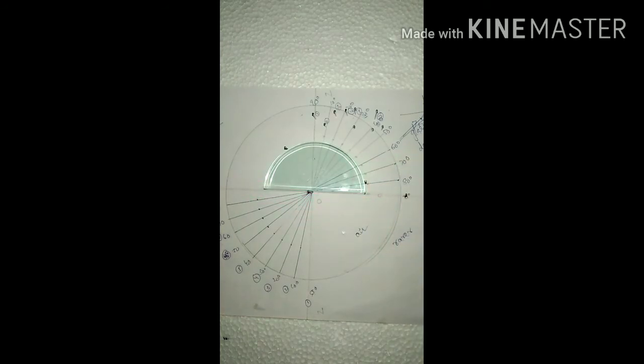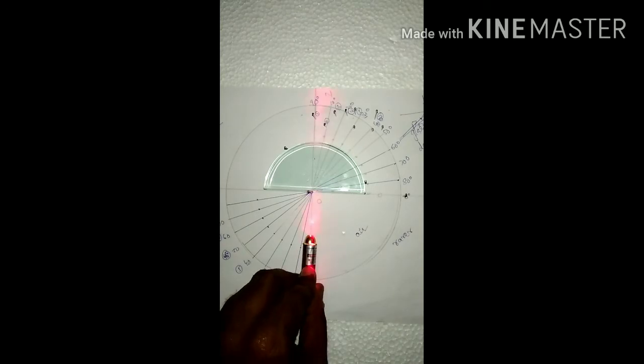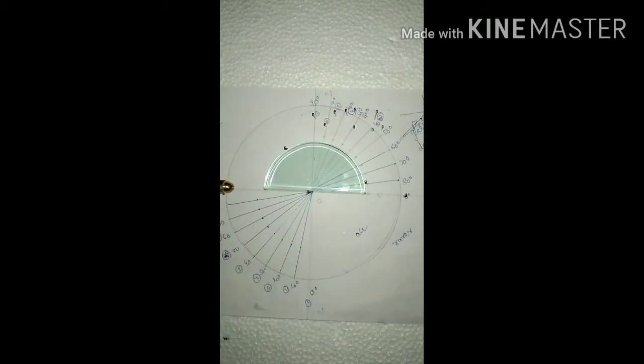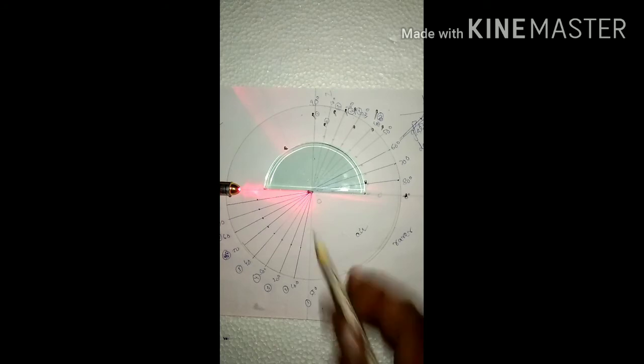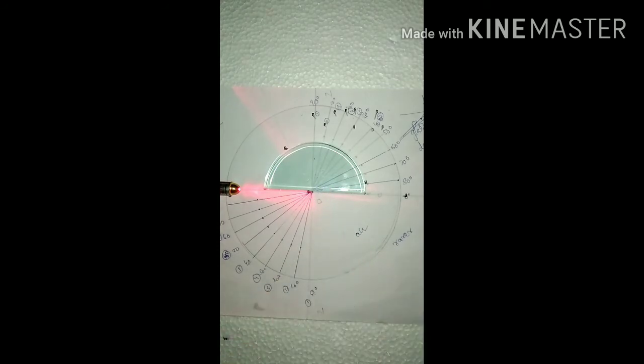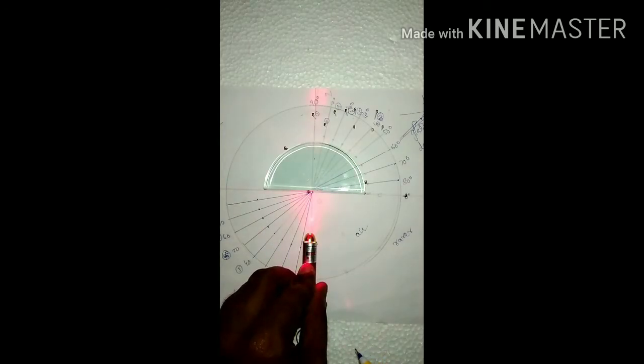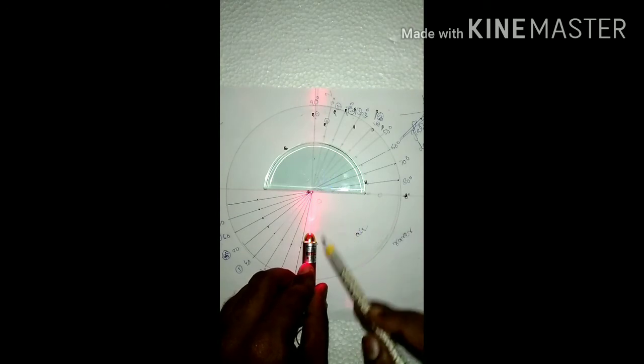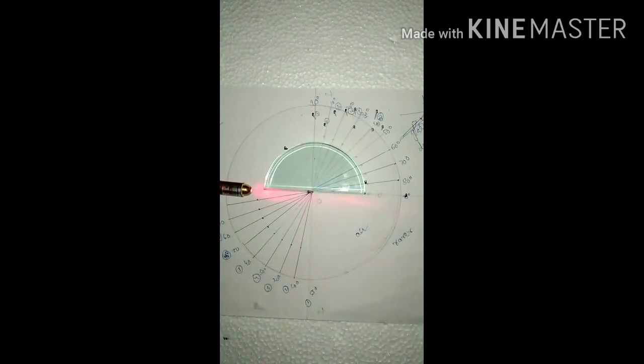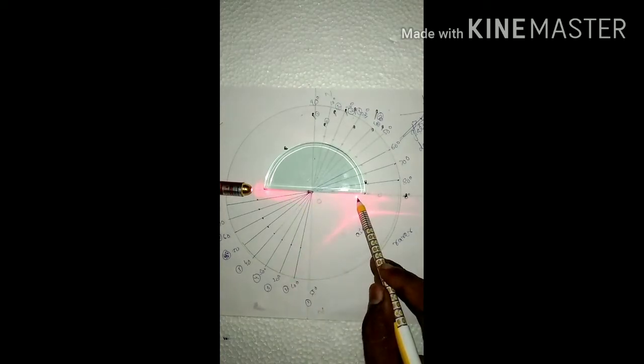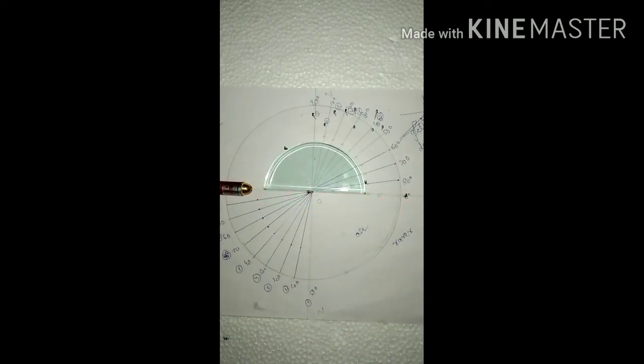If you observe, in two cases, that is, if the light ray strikes the interface at an angle of 0 degrees, or if the light ray travels along the interface, touching both air and glass, in these two cases, light ray does not deviate from its path. This is the first rule.